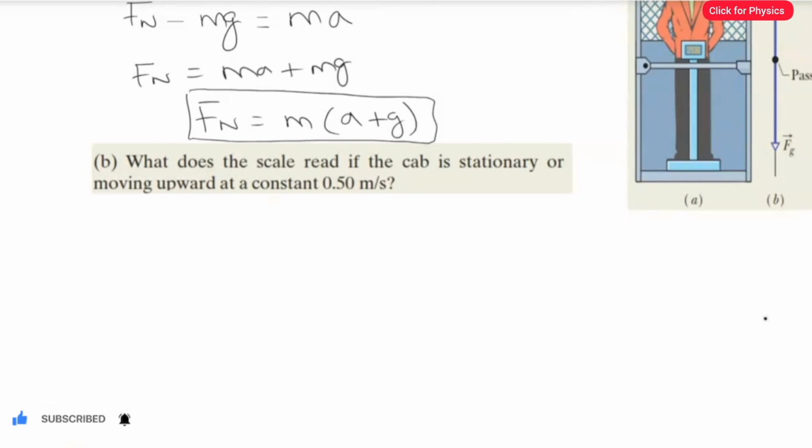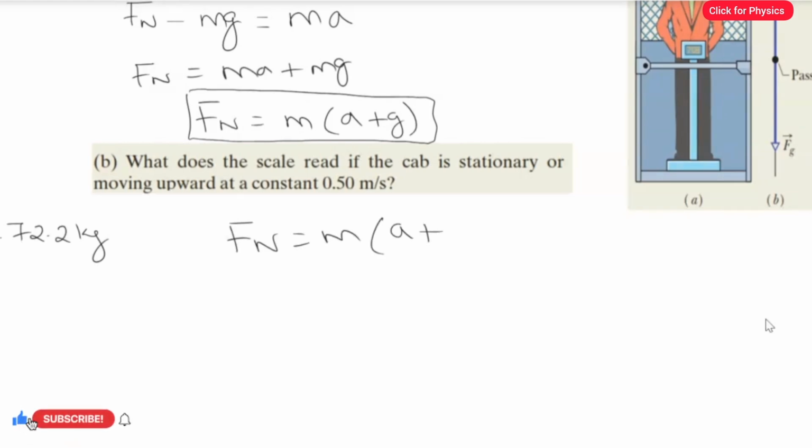And the most important thing, we have to consider the general equation which we framed in the first part. So let's substitute the values, and also we need the mass of the passenger, which is given in the question. m takes the value of 72.2 kilogram, and let's write the general equation Fn equal to mass multiplied by (a plus g).